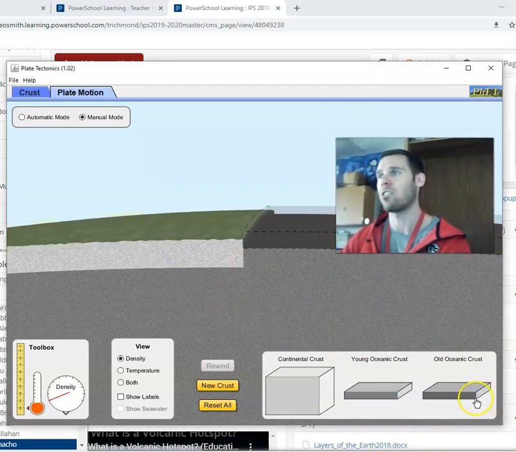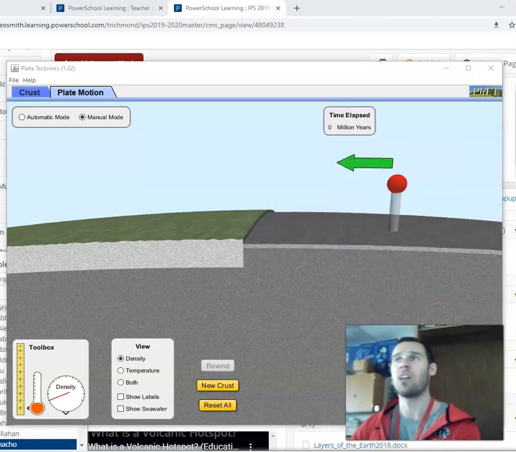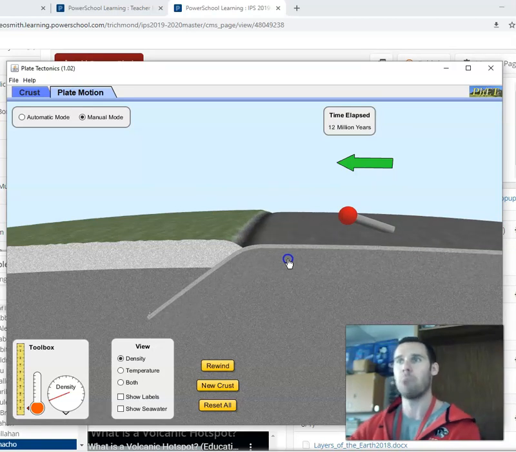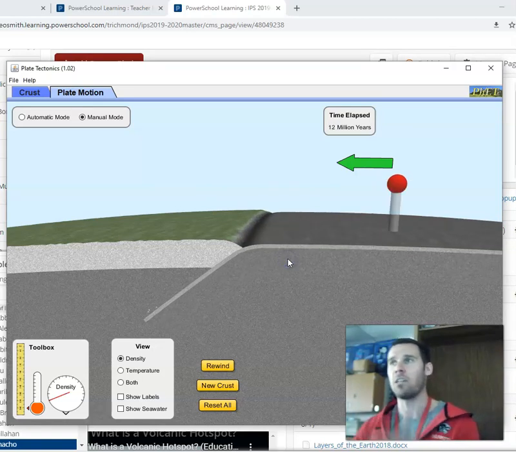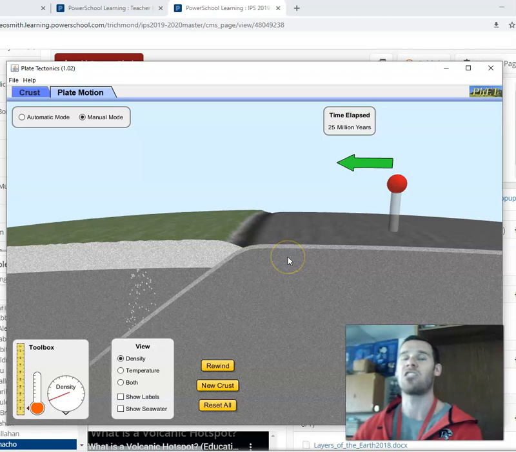Let's have a continental and oceanic crust. And remember, earlier in this video I discussed that oceanic crust is more dense than continental crust. So let's look at what happens if we were to converge them. Convergent boundary, oceanic and continental coming together, and as a result, trenches can be formed because you see this oceanic crust being subducted.